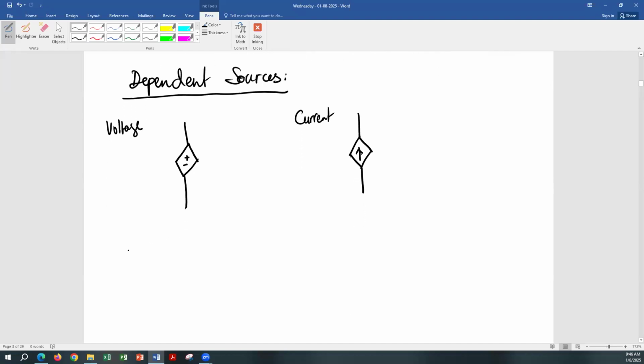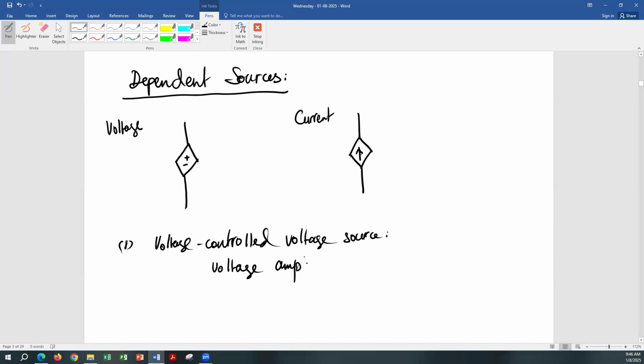So there are two dependent voltage sources. The first is the voltage controlled voltage source, and the common example is a voltage amplifier. Let's say this source is represented by VD, the value of the source.